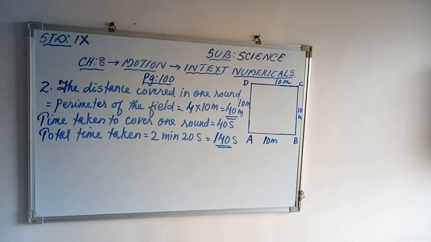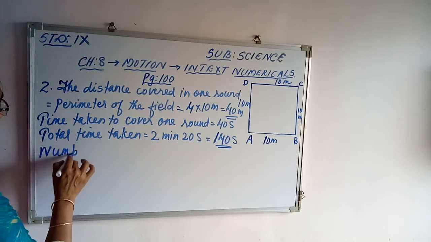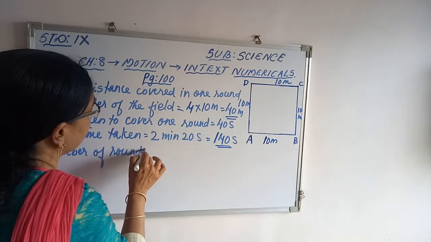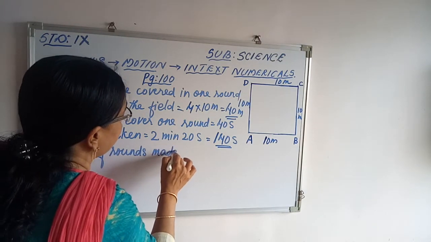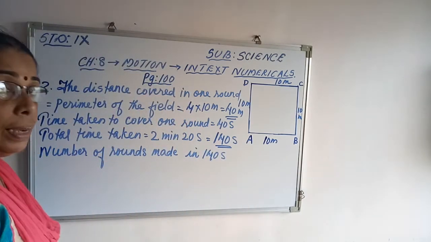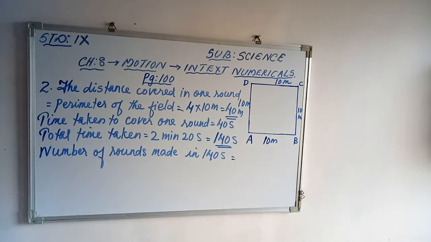Now, we can find out how many rounds are made by the farmer in 140 seconds. How will you find that? For one round, how much time is taken? 40 seconds.